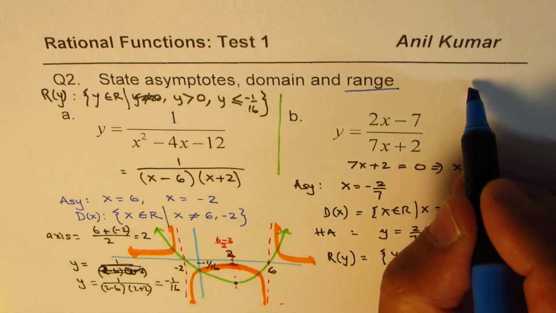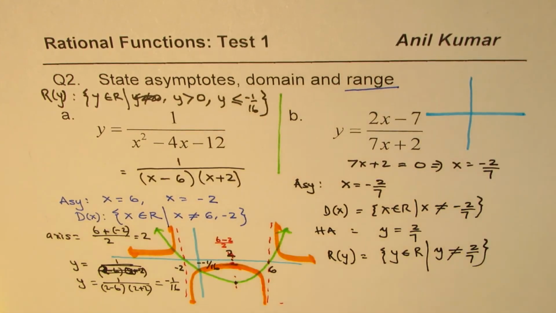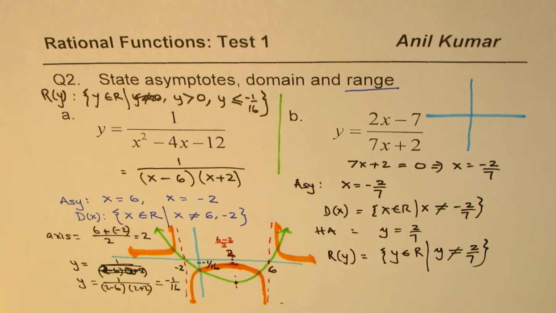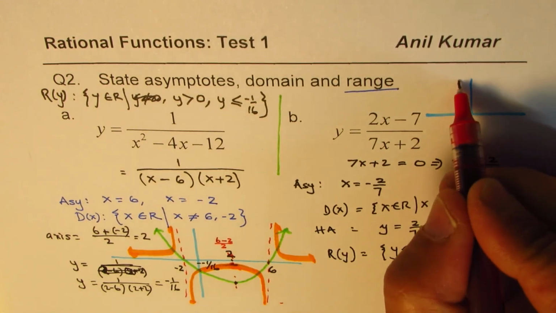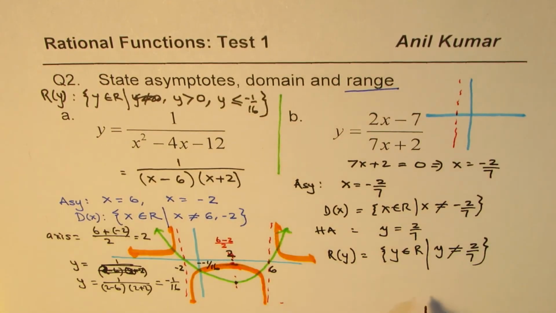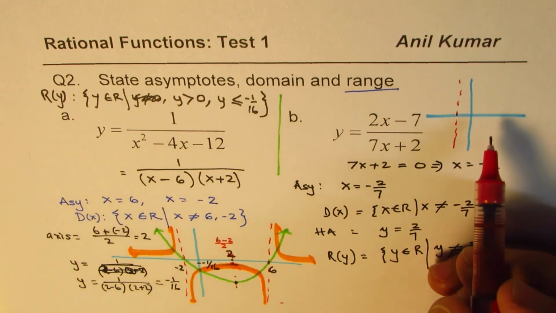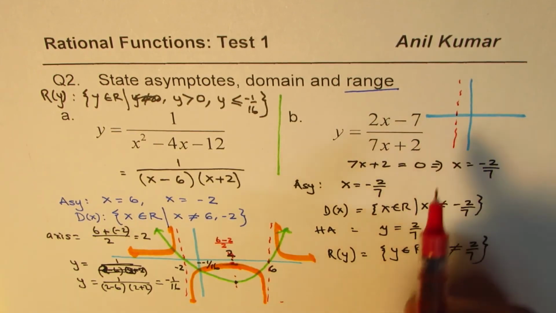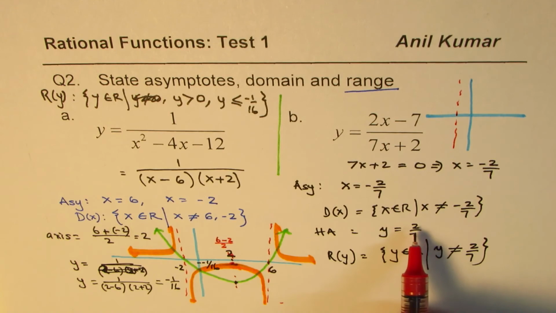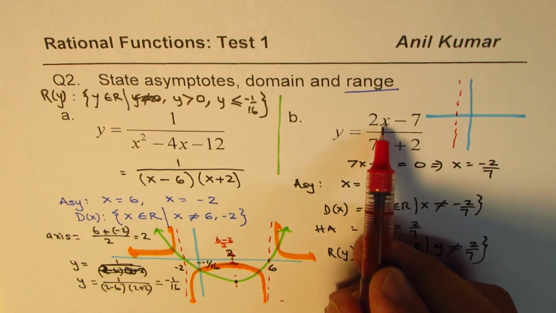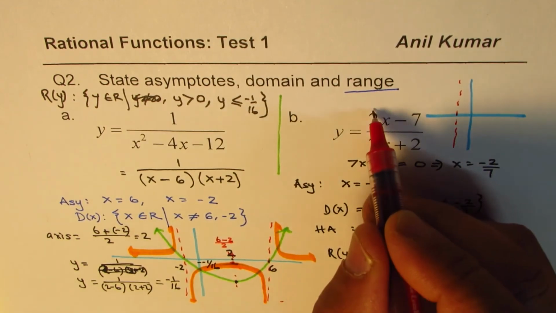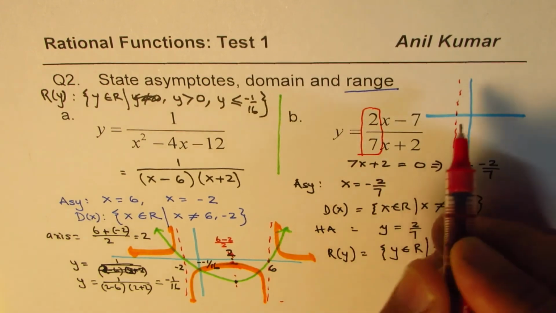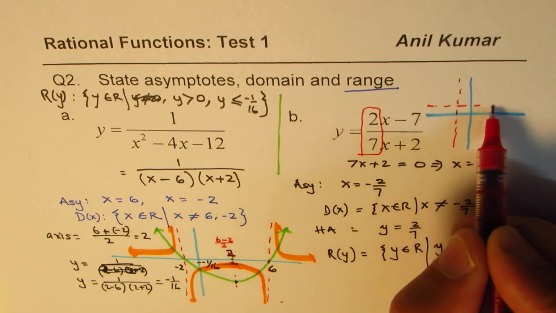Some of you, if you want to really sketch it, you could also do it. Well, the vertical asymptote is minus 2 over 7, just do that. We are making a very approximate sketch here. The horizontal asymptote is 2 over 7, right? This ratio, 2 over 7, is positive, so I'm just doing it on this side.